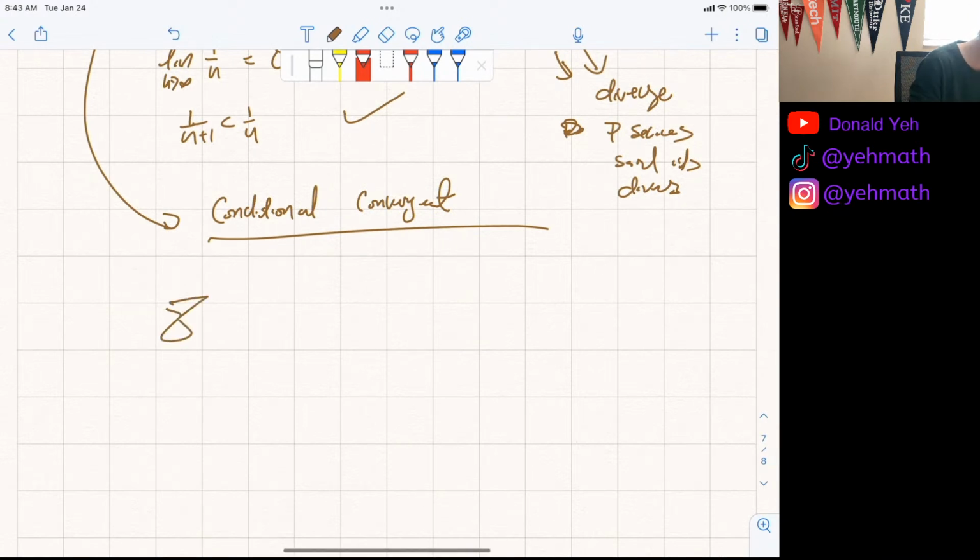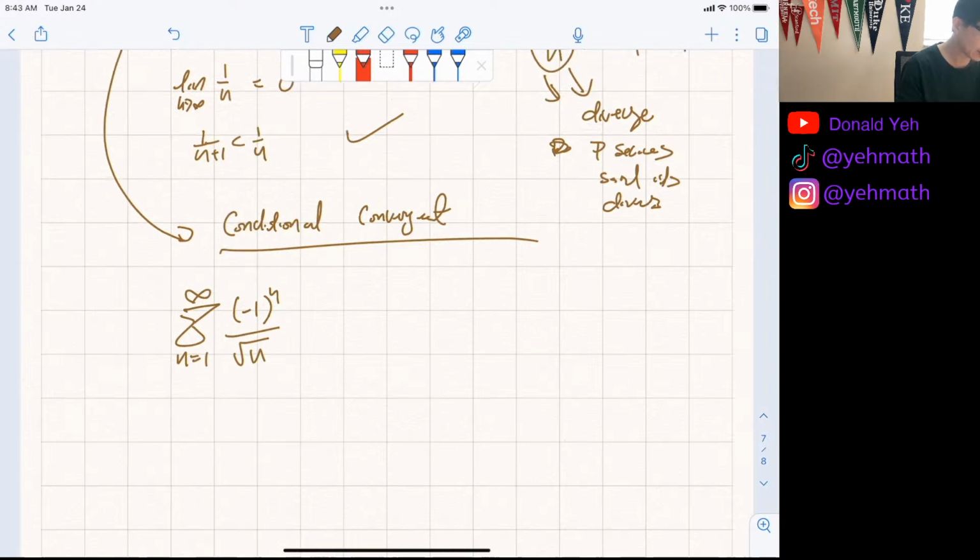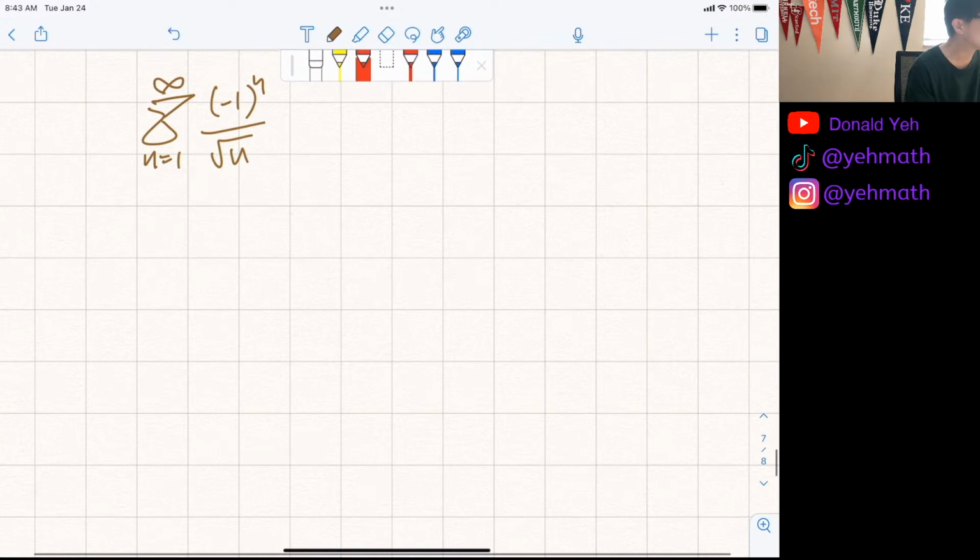So what are you gonna do? Summation of n equals 1. Okay, so what is this? If you had to prove it, you have to show me all the way.